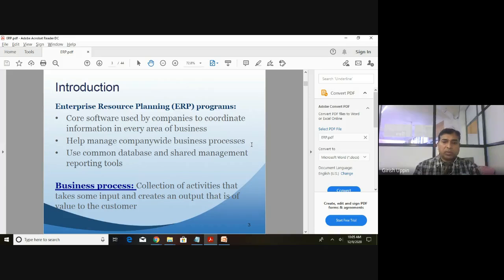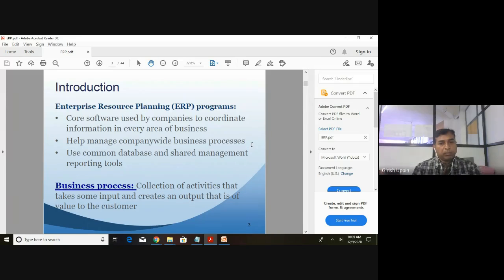So what is a business process? Suppose you want to buy something from a particular company, so they will have a process. Buying is the process, and that business process might involve other activities. When you are buying something, internally there is a check on whether that particular product is available.